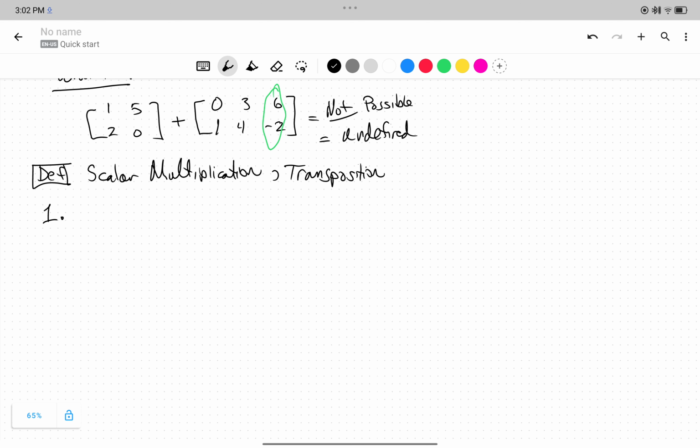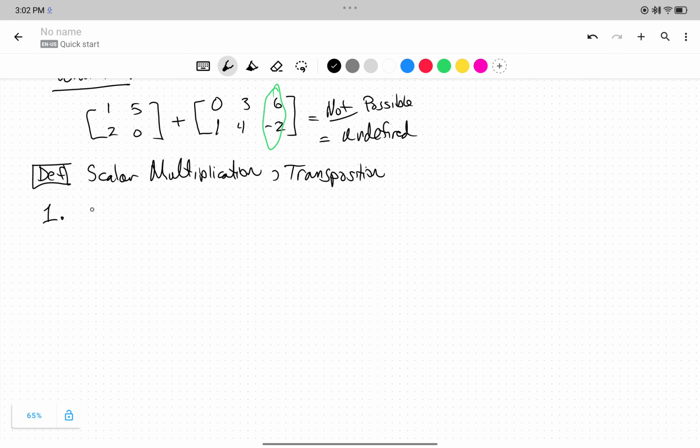So let's start with scalar multiplication. If you've ever taken a physics class, you've heard this word before, a scalar. Scalar basically is referring to a number. So scalar multiplication is a number times a matrix.